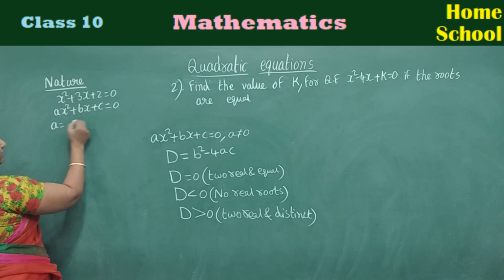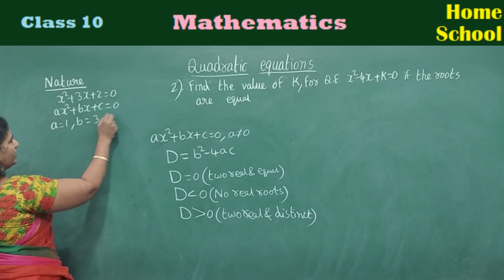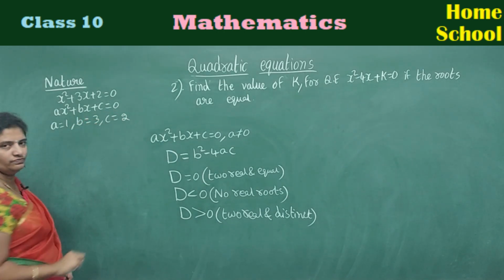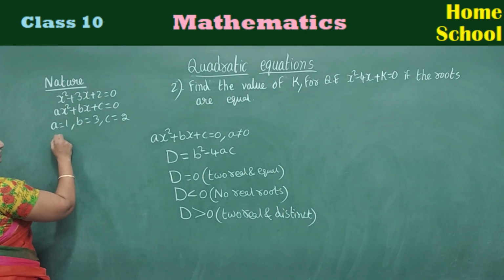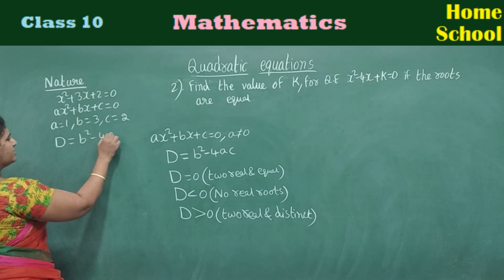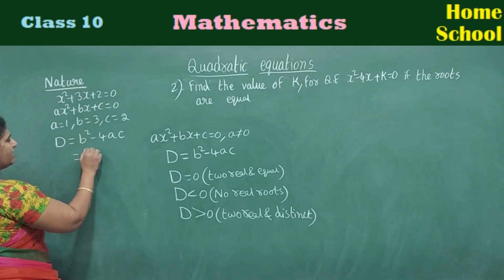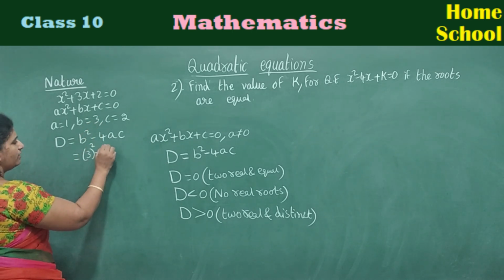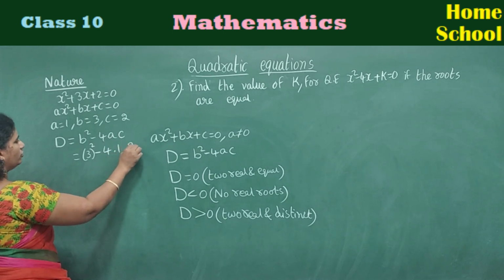Write a value, b value, c value. a is equal to 1, b is equal to 3, c is equal to 2. When we are finding nature, we need to write the discriminant. Capital D is equal to b square minus 4ac. Substitute these values. b value is 3 whole square minus 4 into a value 1, c value 2.